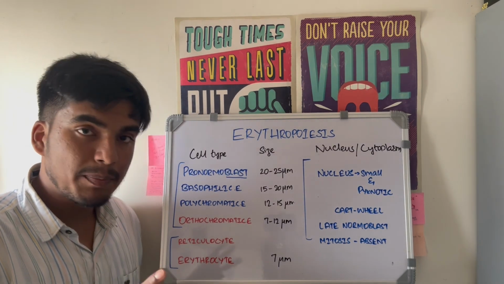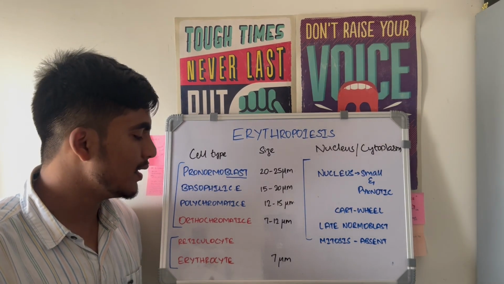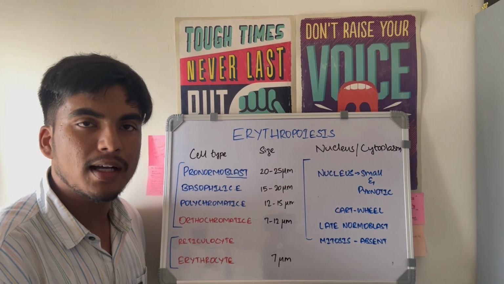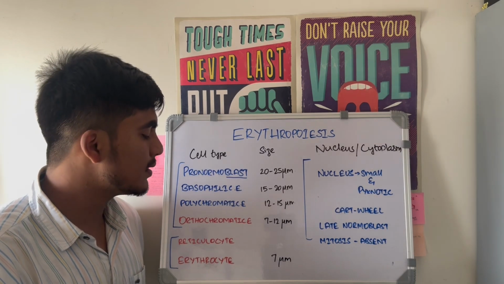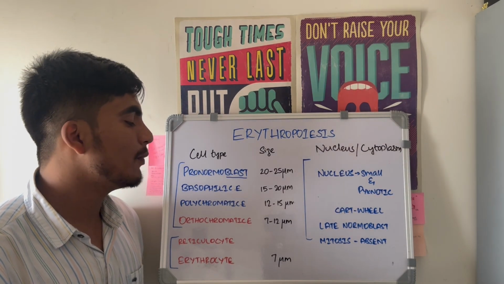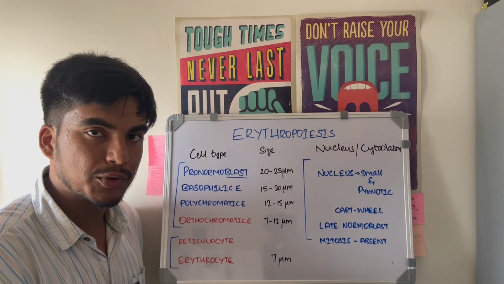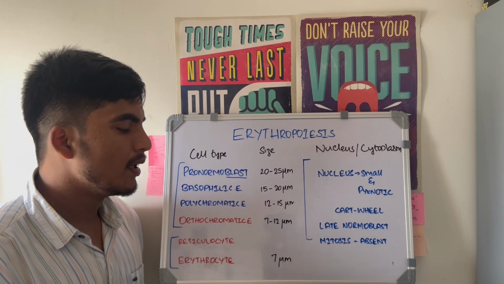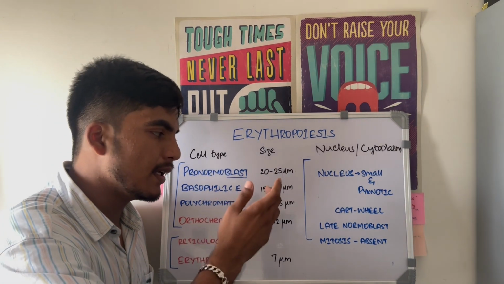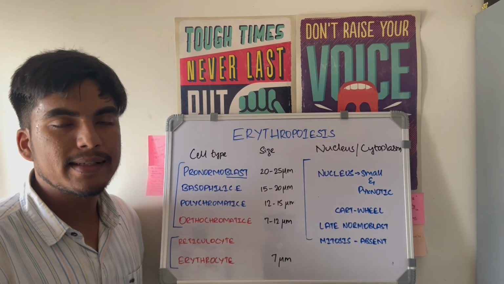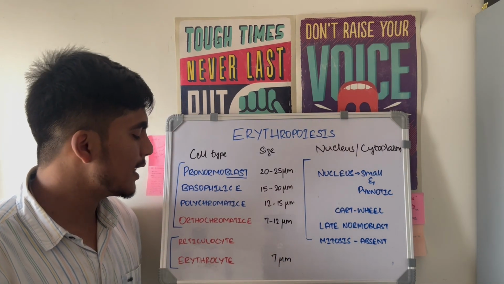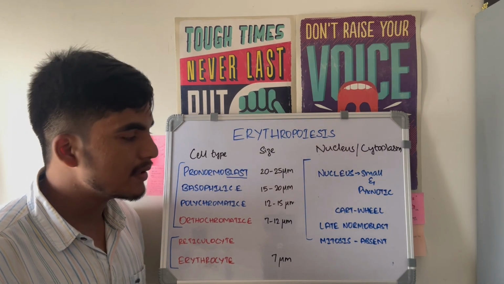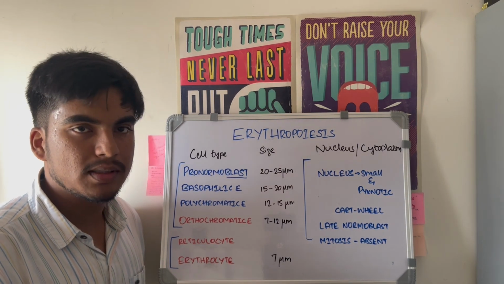So we have seen three peculiar appearances in the erythroid series: the wheel spoke appearance, checkerboard pattern and the cartwheel appearance. The checkerboard pattern is in the polychromatic erythroblast, the wheel spoke appearance is in the basophilic erythroblast, and the cartwheel appearance is in the orthochromatic erythroblast. Orthochromatic erythroblast is also called the late normoblast, and mitosis is absent. The last mitosis takes place from polychromatic erythroblast forming orthochromatic erythroblast, after which there is no mitosis taking place.